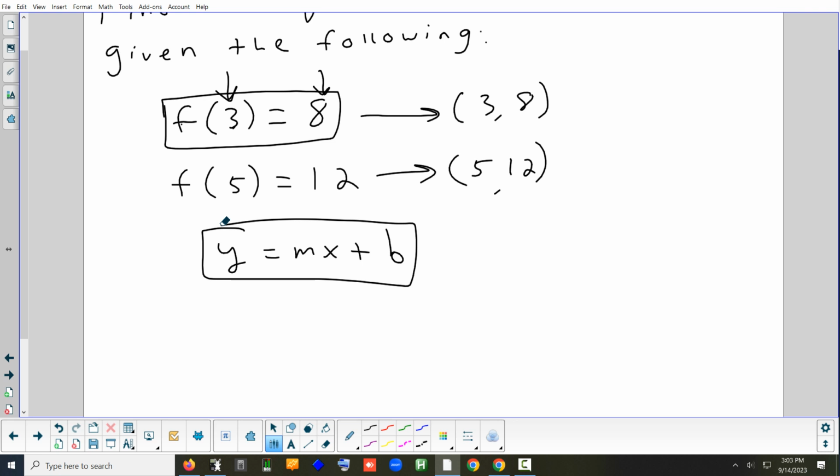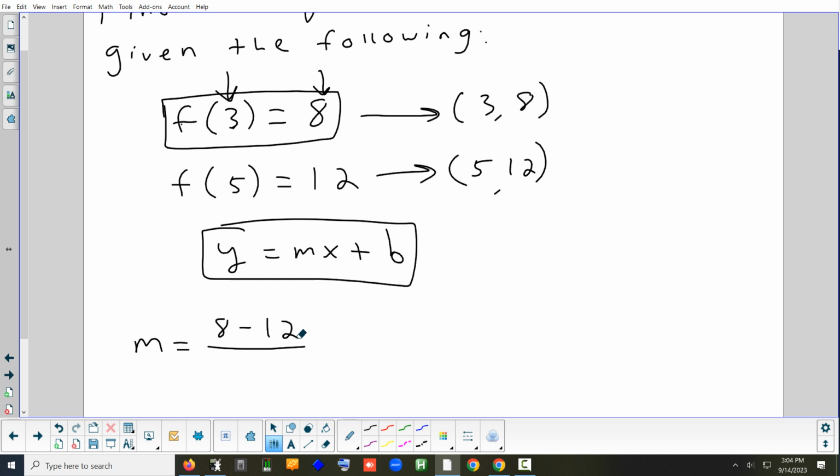Okay, how would I find my slope? Do y2 minus y1 over x2 minus x1. Yeah, and if you plug those in, what would go in the top? 8 minus 12.